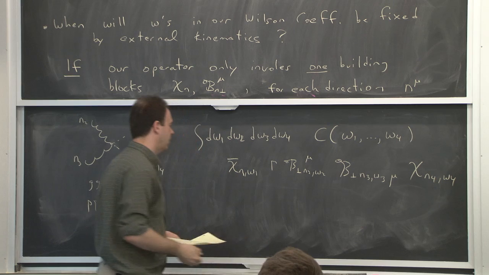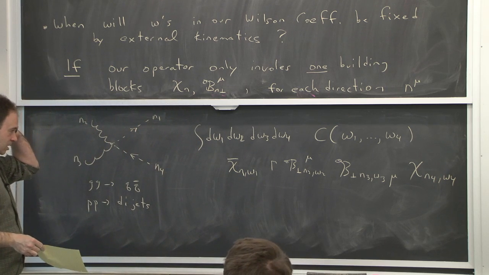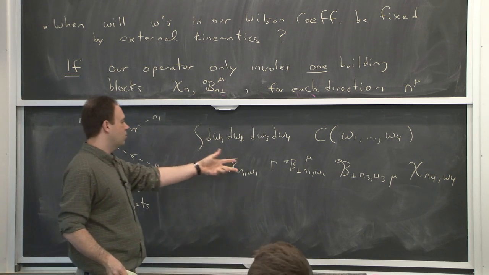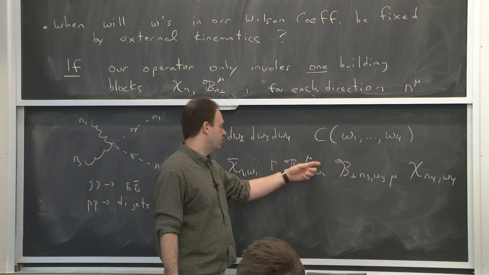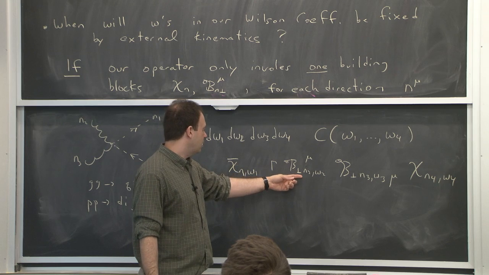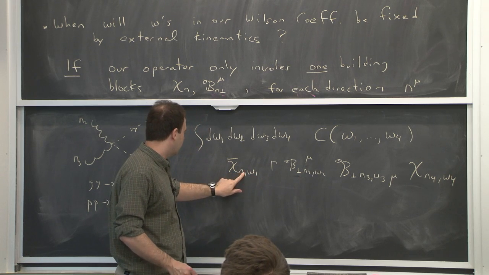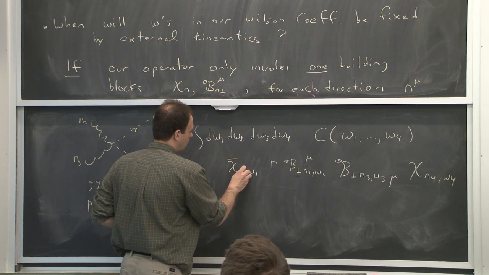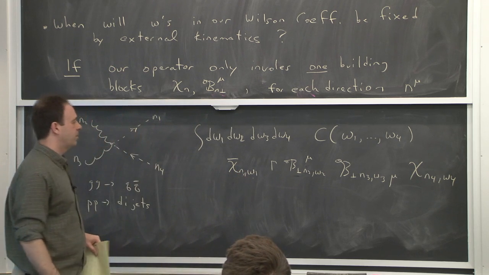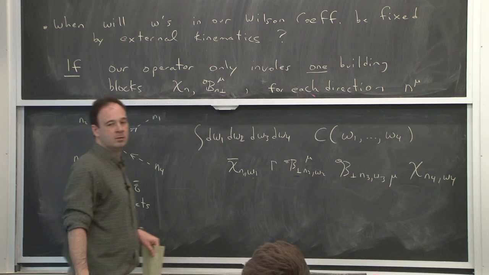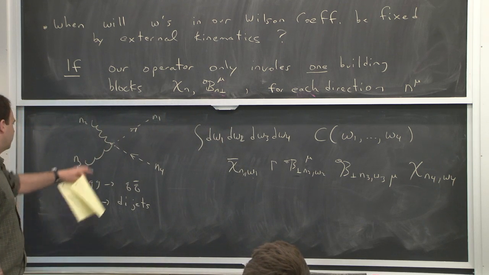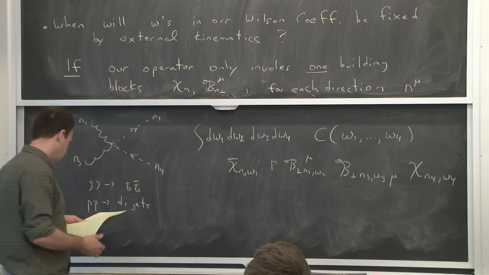That would look like that. So I just put down some operator that's got the right structure. It's got 2 quarks, 2 gluons. I make the gluons these B perps. I've chosen to contract them. Each of them has a different direction. This is an n1. And each of them also gets a corresponding large momentum, and the Wilson coefficient can depend on those large momenta. Okay, so this would be the operator that would describe that process.